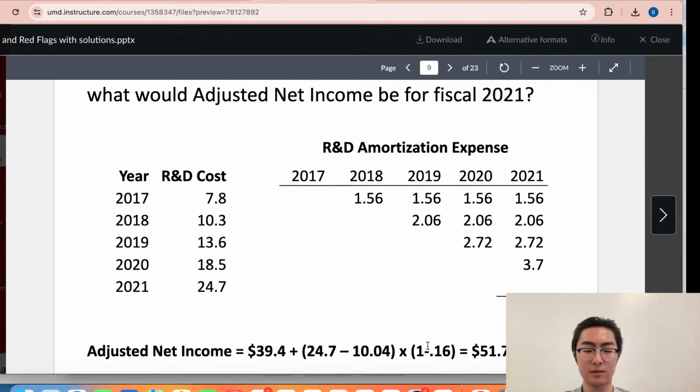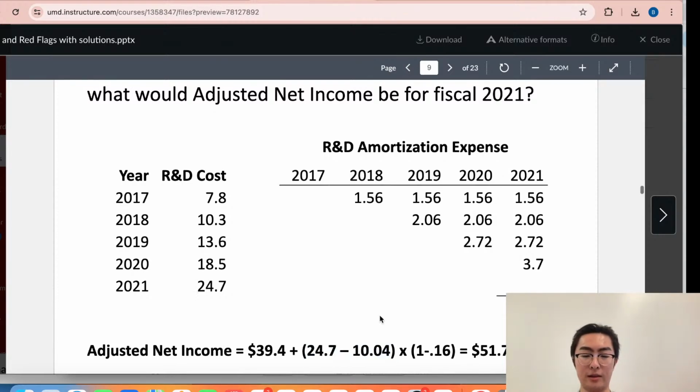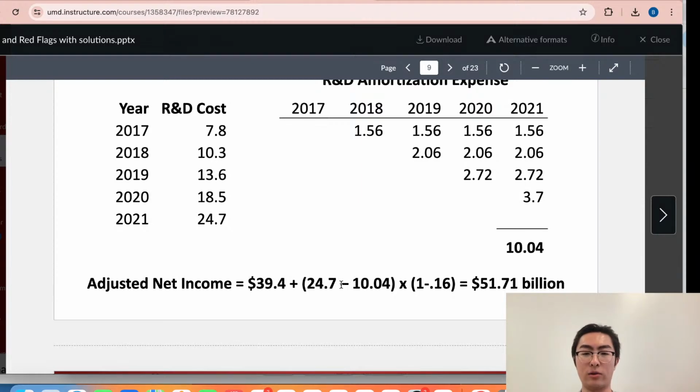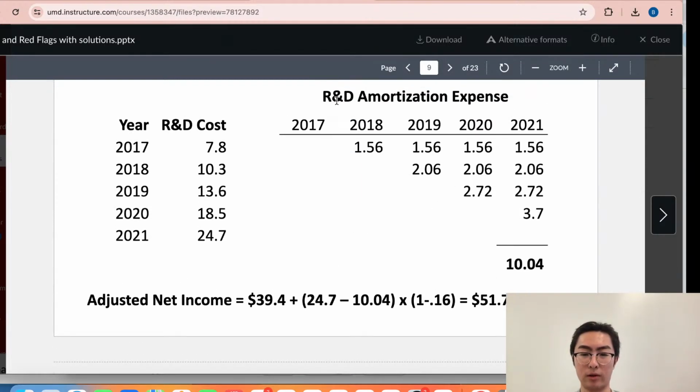Okay, I think this makes more sense because what this is really saying is, all right, you have the benefit. What I mean by benefit here is the lower expense in 2021 compared to the reported expense, so your net income is going to be higher if you were to capitalize R&D.